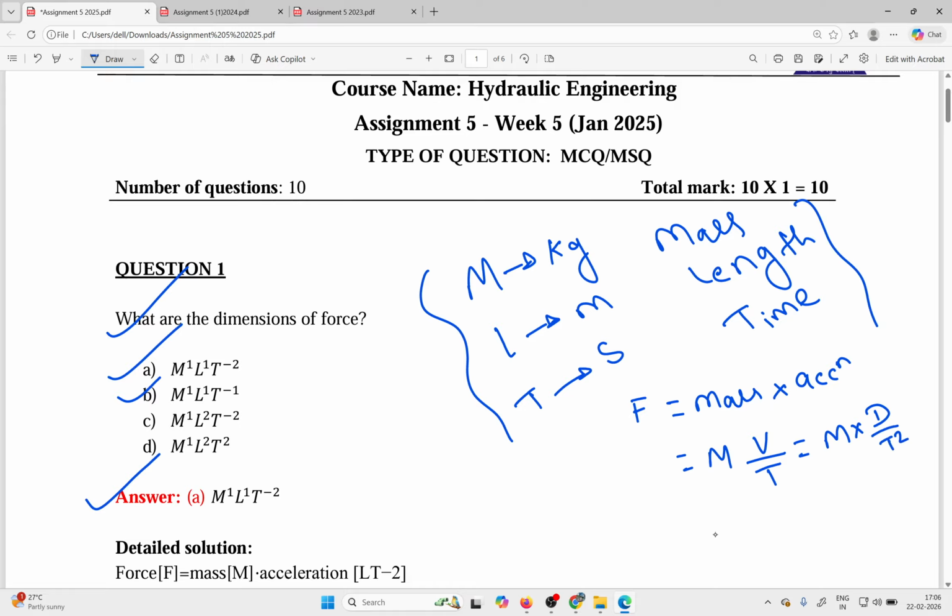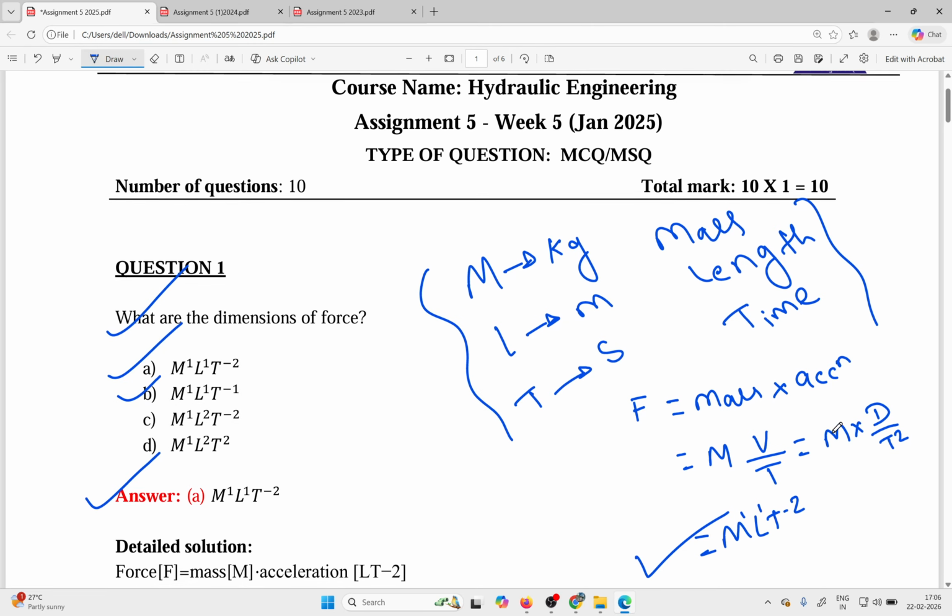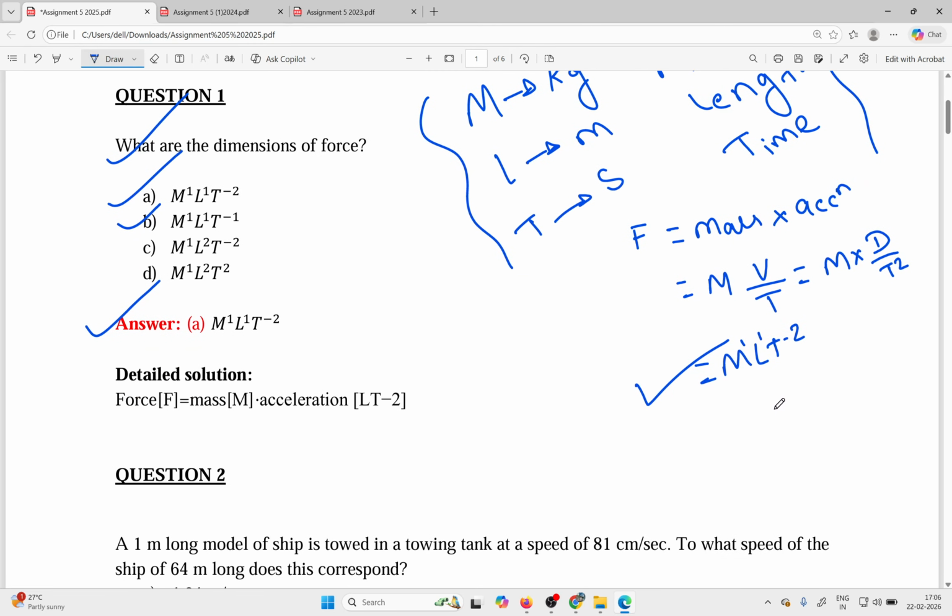Now you can write very clearly: M, distance or length is L, and T to the power minus 2. So option A is correct. That is fine. Now we'll move on to the next one.